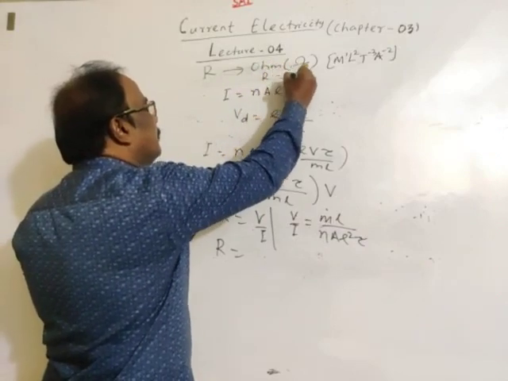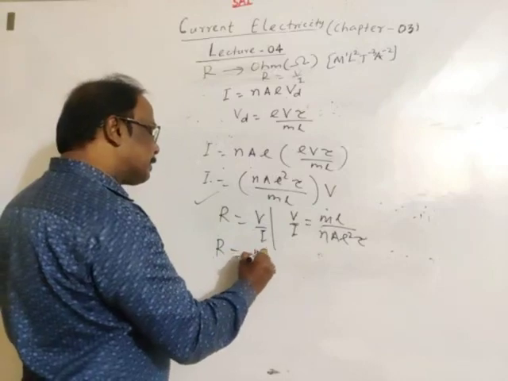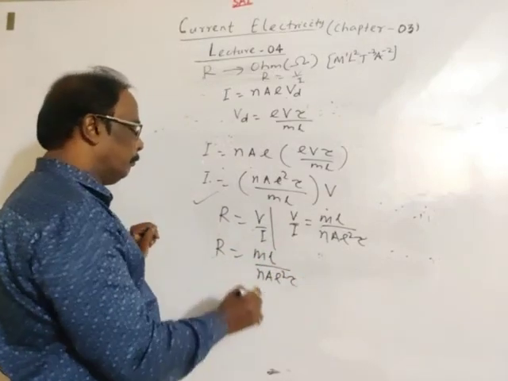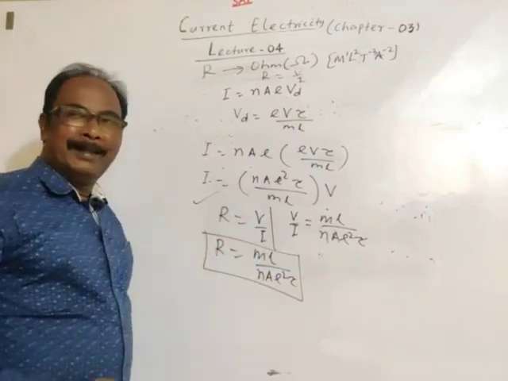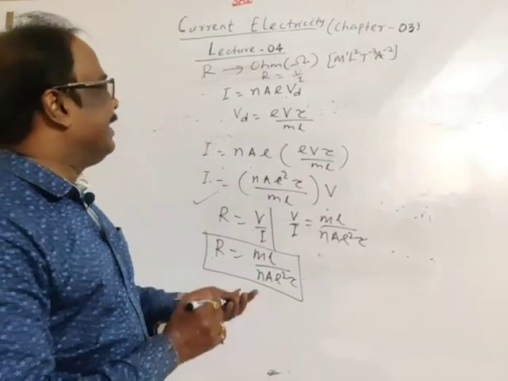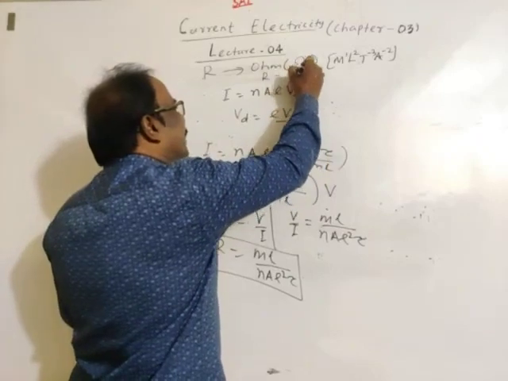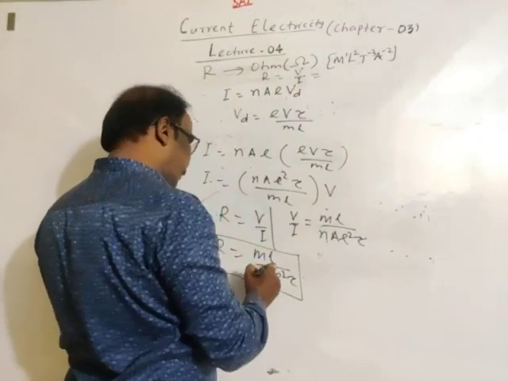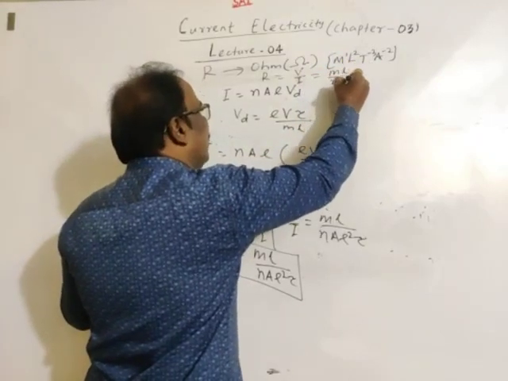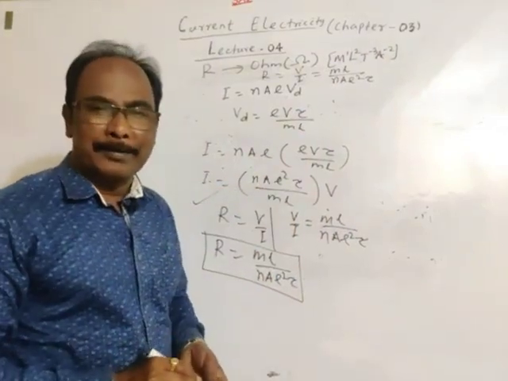We know R is equal to V by I. Then resistance is ml divided by nAe²τ. You got it? I will write here the fundamental formula V by I, or we may write the resistance is equal to ml divided by nAe²τ. So this is the formula for resistance.